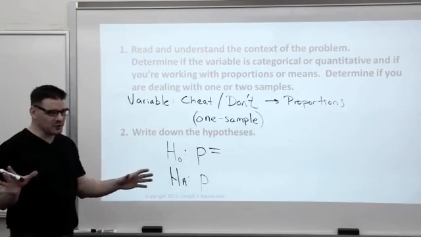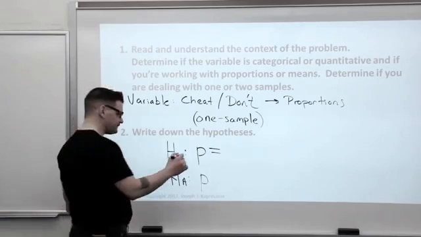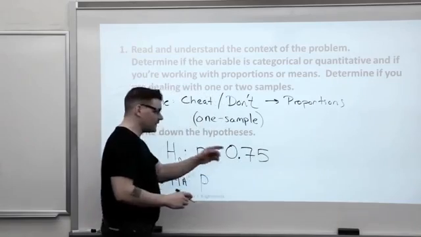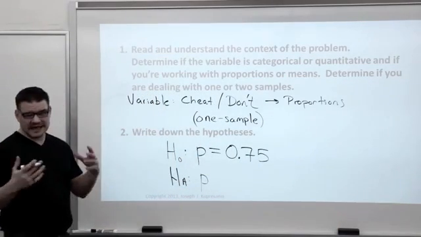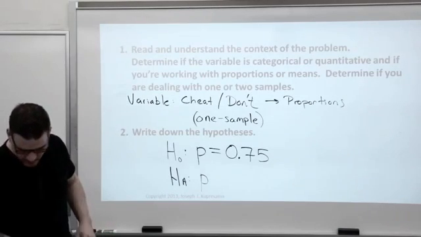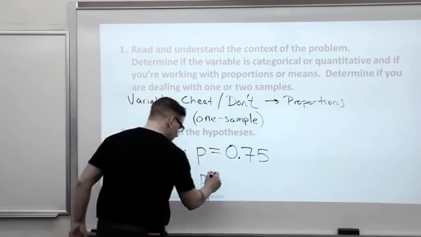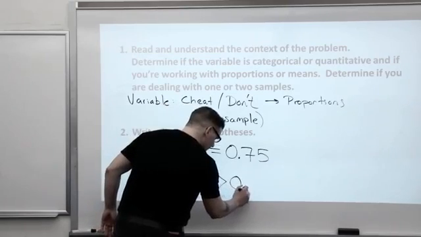We're going to assume, to start, that 75% of the students at this school cheat. So P equals 0.75. And if you reread the problem, it said test for evidence that more than 75% of students at a given school cheat. More than means greater than, so we put the greater than symbol there, and 0.75.